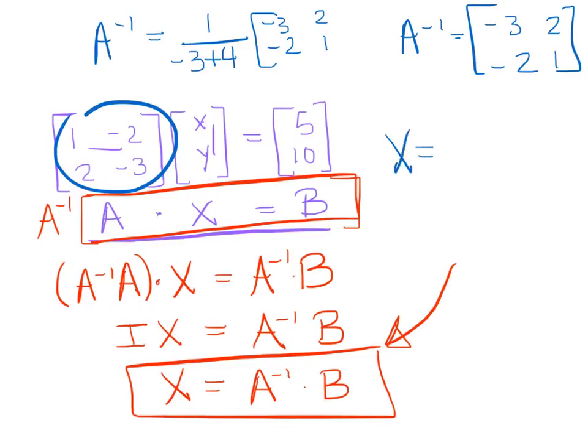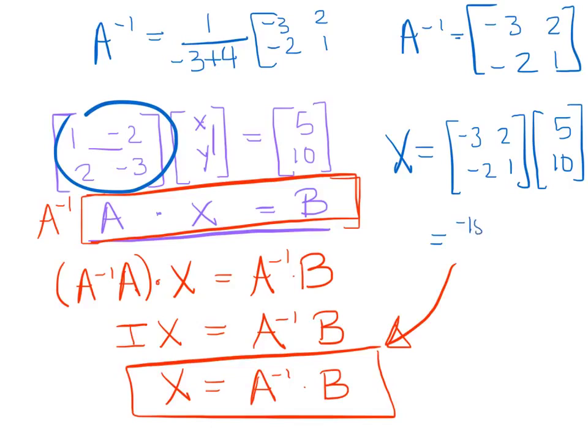X is equal to A inverse B, so negative 3, 2, negative 2, 1, times the B matrix, which was the 5 and the 10. So let me do this matrix multiplication, first row, first column. Negative 3 times 5, negative 15, plus 2 times 10, 20.